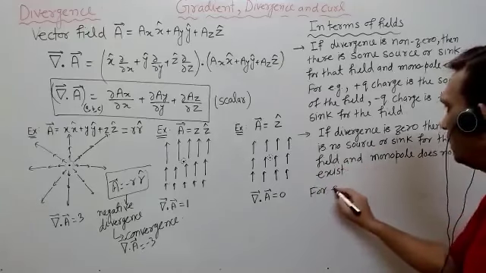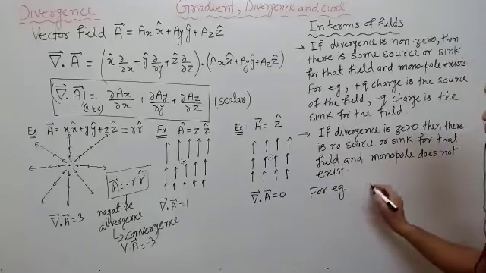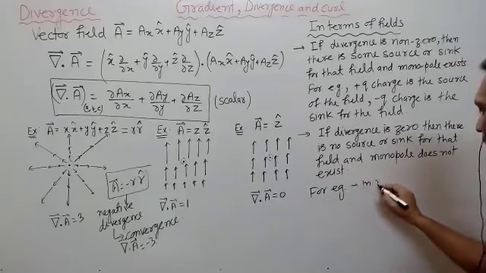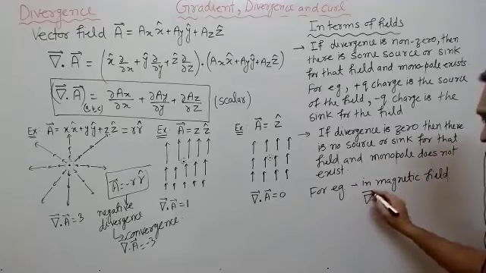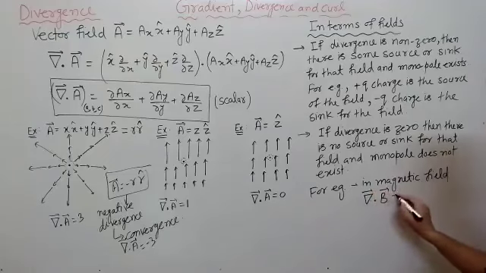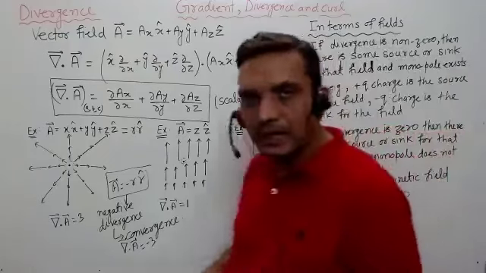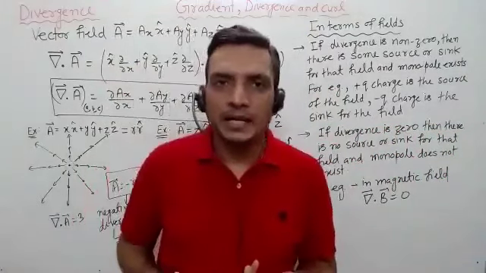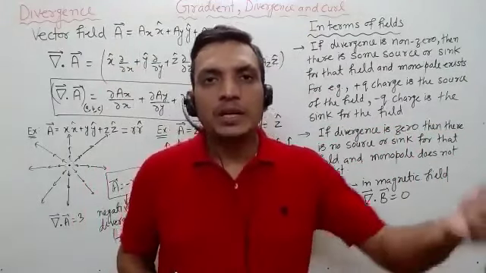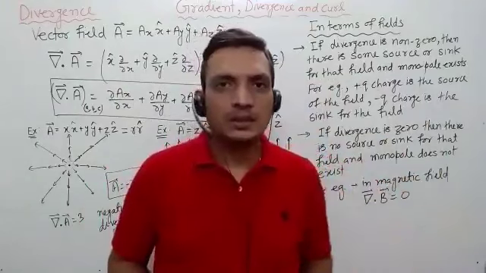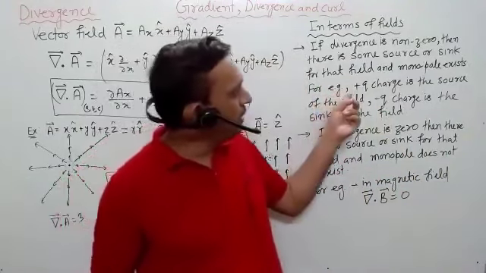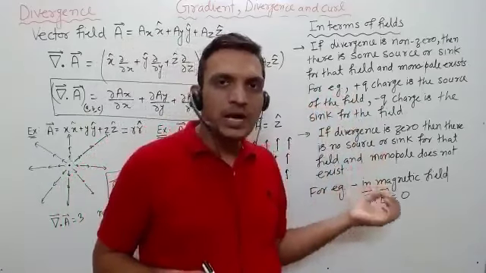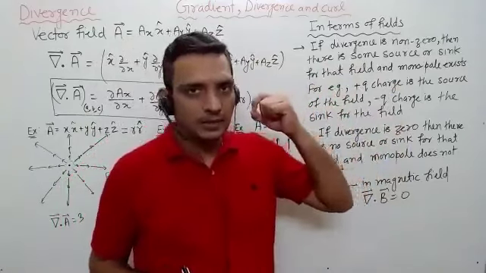For example, in magnetic field, you will see divergence of B is 0. And you know that there is no source or sink for the magnetic field. Magnetic field lines always form a closed loop. But in case of electric field, they start from one charge and they end at the other.